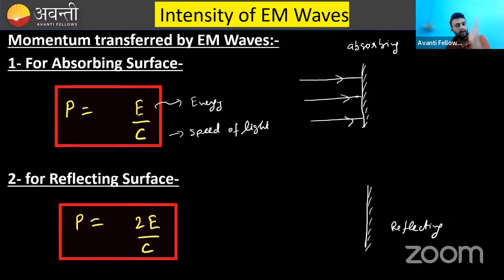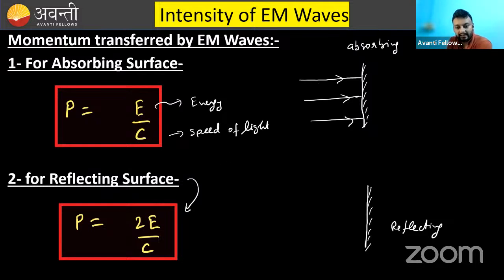The surface which absorbs the radiation and does not reflect anything, completely absorbs everything. Now, if the surface is reflecting, then this momentum is 2E over C, where E is again the energy and C is again the speed of light.